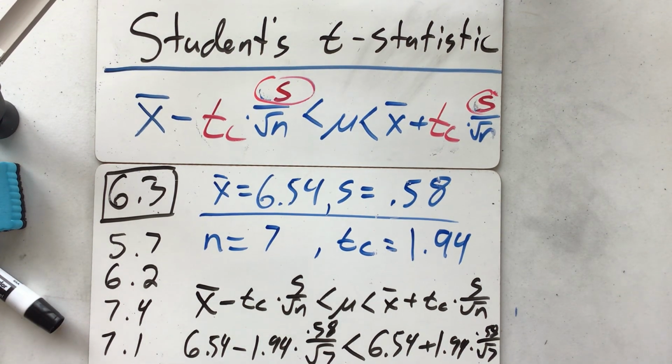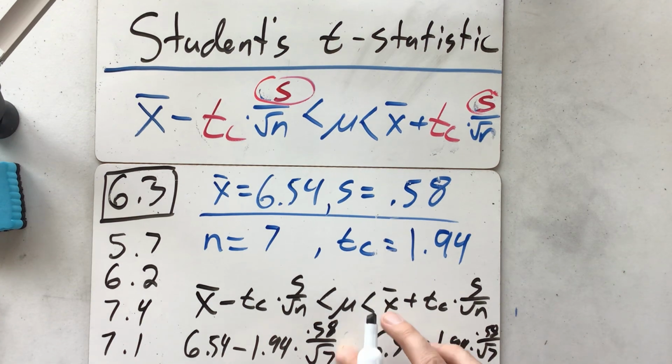And I'm going to start with just this multiplication part, because remember, we have to follow the order of operations. You have to multiply before you can subtract. So let's just do 1.94 times 0.58 divided by the square root of 7. You get 0.43 for that section. So I've got 6.54 minus 0.43 is less than mu. Oh, I forgot.